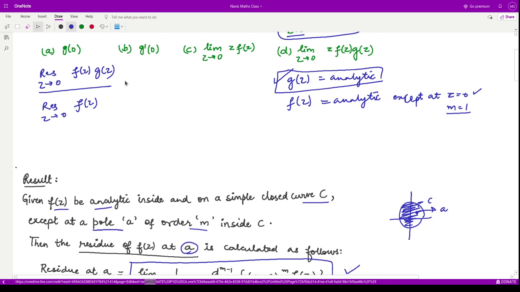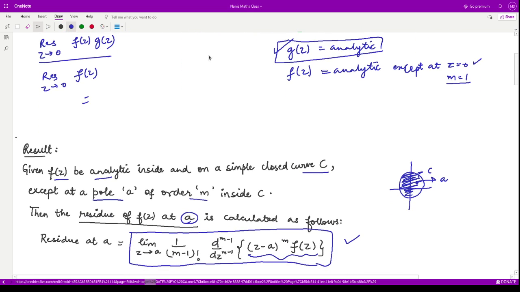So just using this formula, we have limit z goes to 0, m is 1, so we have 0 factorial over here, right? And then we take the 0 derivative. 0 derivative means we are not operating any kind of differentiation onto this function. z minus 0 raised to power m, m is 1 for the present case, and the above function would be f(z) g(z).